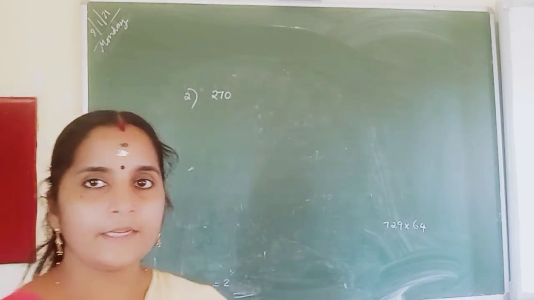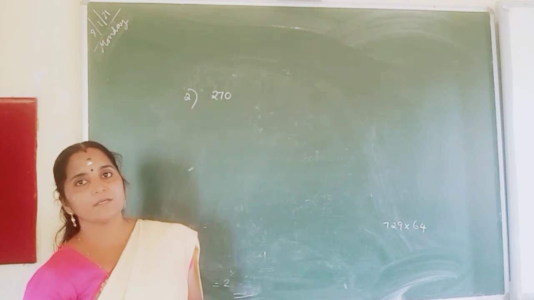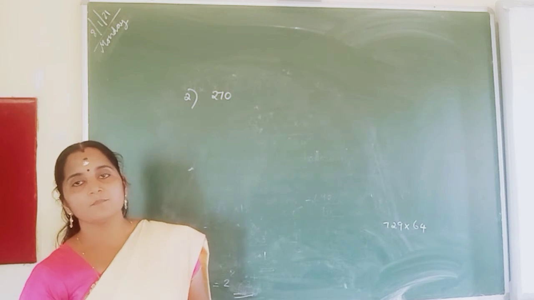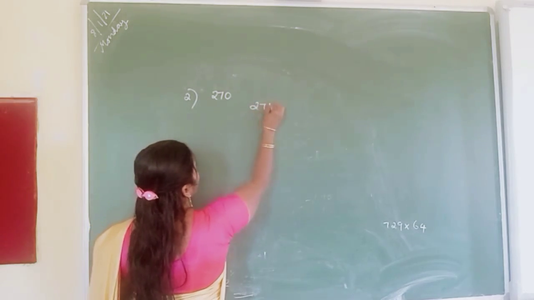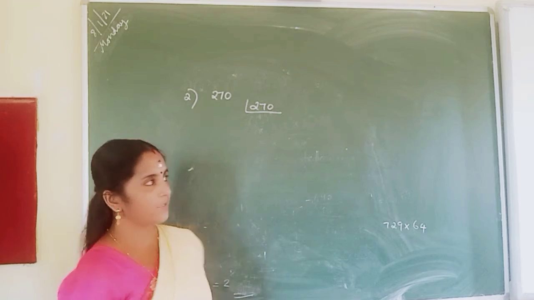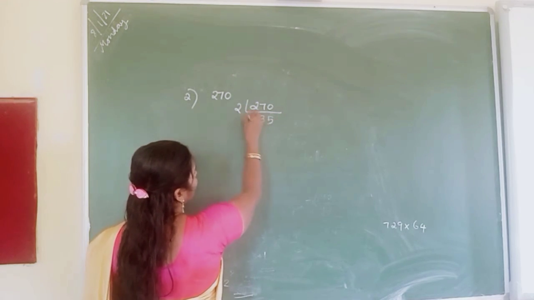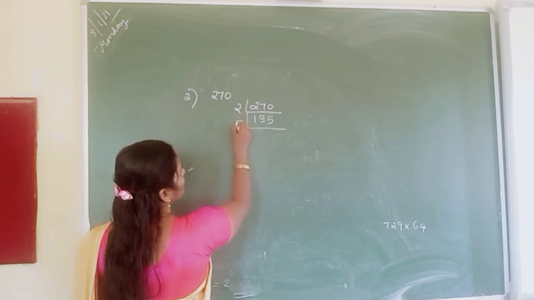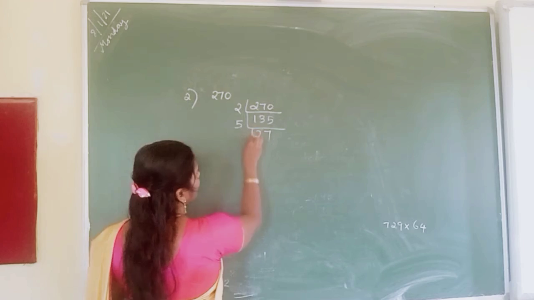Next question is 270. We want to write this number 270 as a product of prime numbers in exponential form also. So 270, start with the least prime, 2, because it is an even number. 270 divided by 2 we get 135. Then we can use 5. 5 7s are 35.